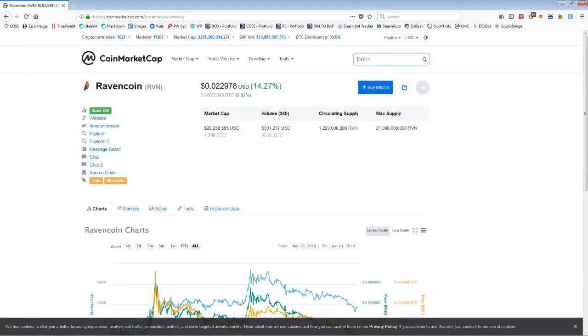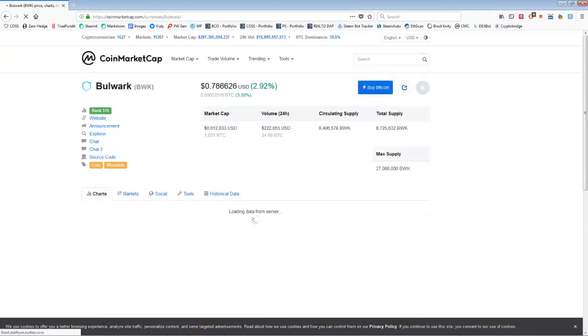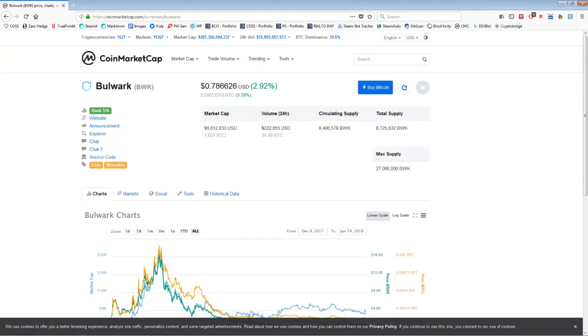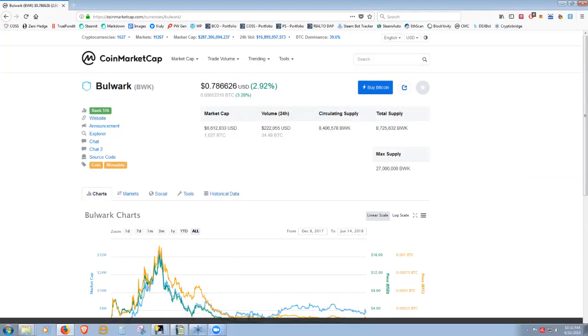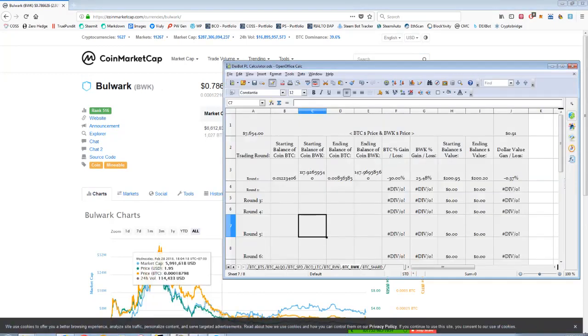Bulwark is another privacy coin I've done a little bit of research into, and I really like this one. It's at 78 cents right now.